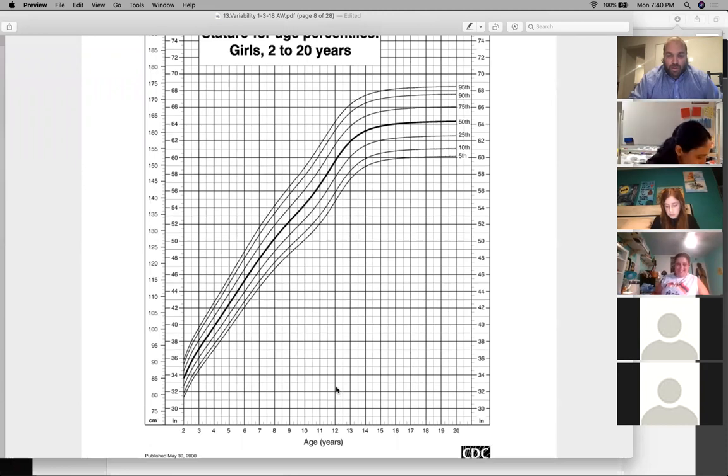And we are curious how tall she has to be to be taller than 75% of the girls her age. That means that she would fall in the 75th percentile. So we go up until we hit the 75th percentile curve, which is right here. How tall would she have to be? About 61.5 inches.